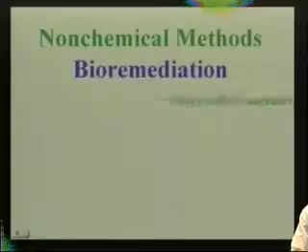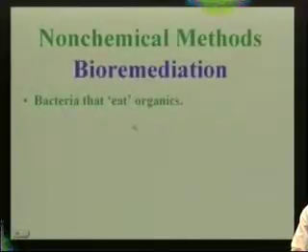Non-chemical bioremediation, okay? Let's talk about that a little bit more. Your text goes into this a little bit in detail. These are bacteria that eat organics. This is how we can use nature to directly or indirectly clean up water pollution or prevent water pollution. That would be the indirect.